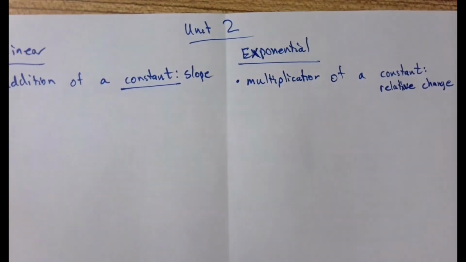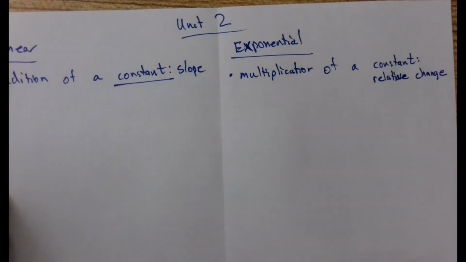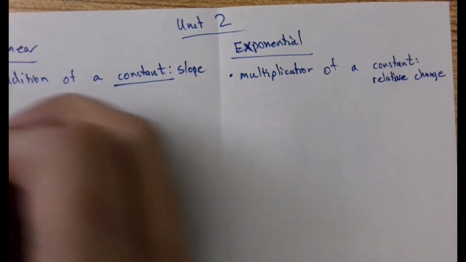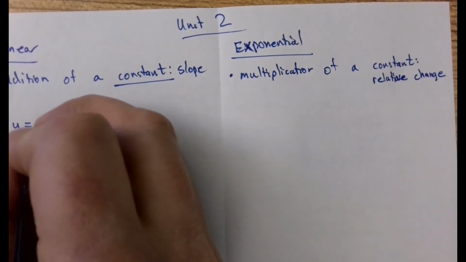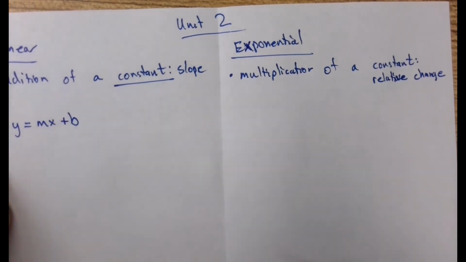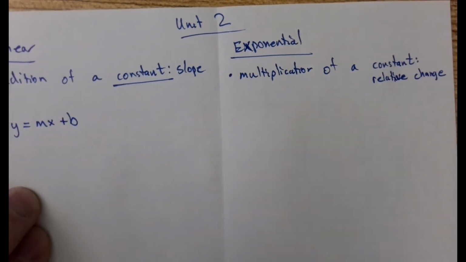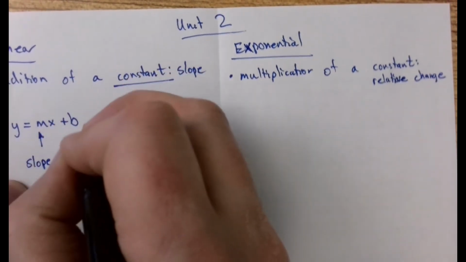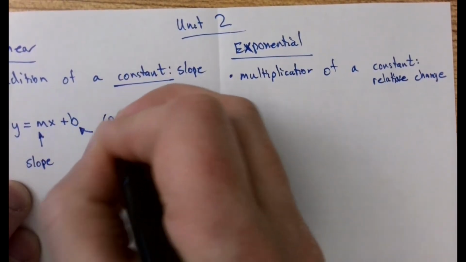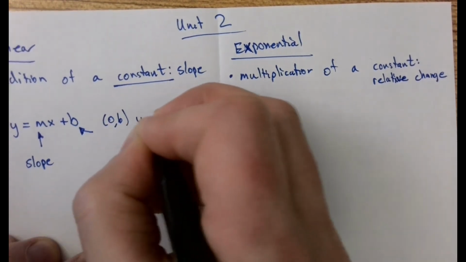It's 1 plus the relative change. Okay, so I'll just mention that there. And then when we get our set of data, a set of ordered pairs, the equation that we use to model that data is y equals mx plus b, where m is that number for the slope, and b is the y coordinate of the y-intercept.